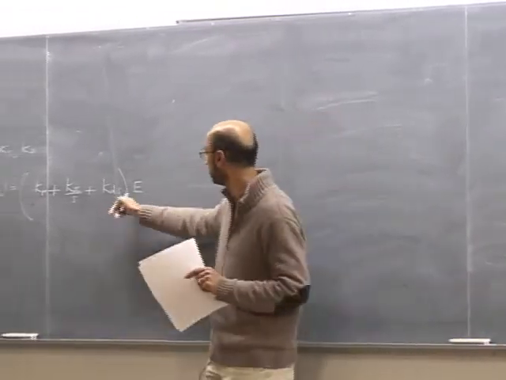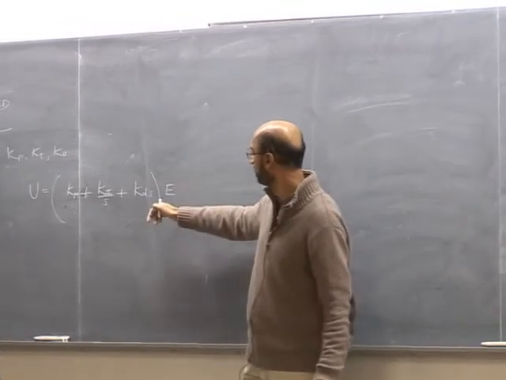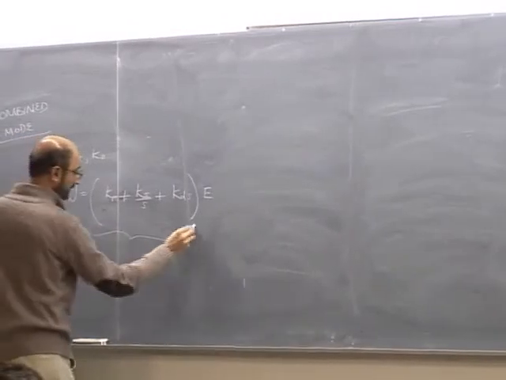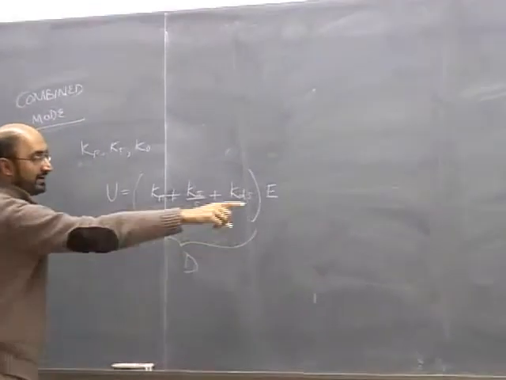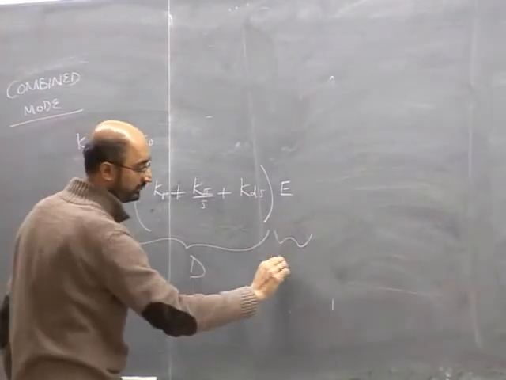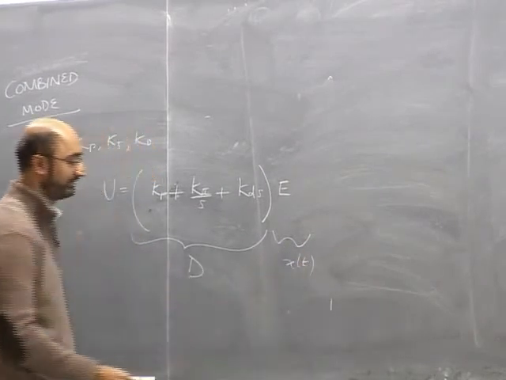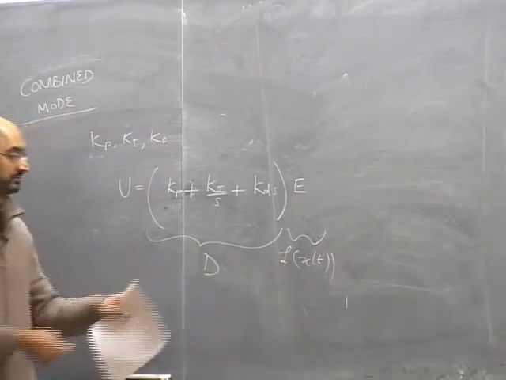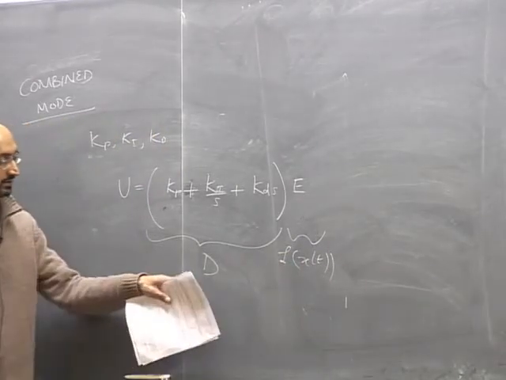Because this analysis is basically assuming that this over here is our system D, and that's the input x(t), right? E is the Laplace transform of the x(t), and this D is our signal.